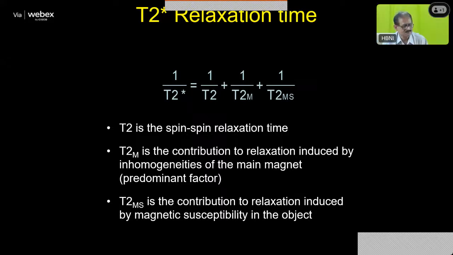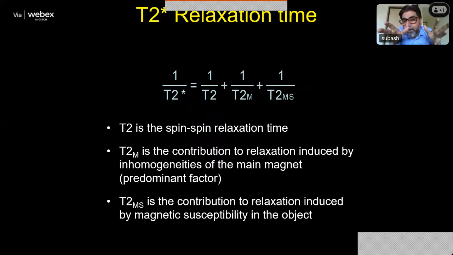Now, when we are talking about T2 relaxation time, we are talking about the intrinsic T2 relaxation time of the tissues or the nuclei. But when you look at the T2 relaxation as a process as a whole, there are several other components which affect the T2 relaxation time. Like somebody was asking about the paramagnetic ions, they also affect T2 relaxation times.